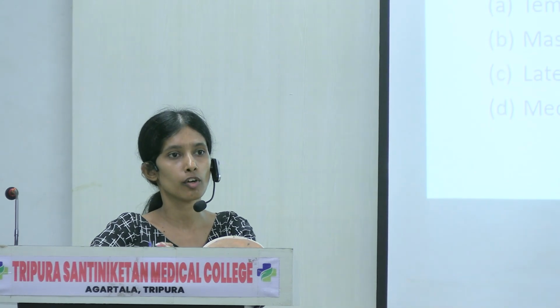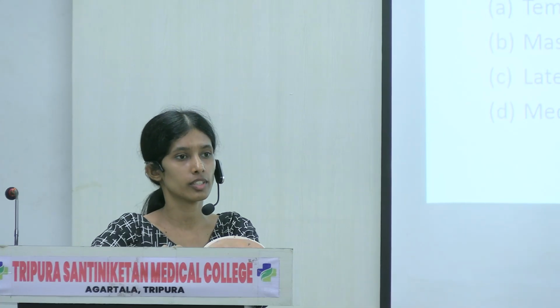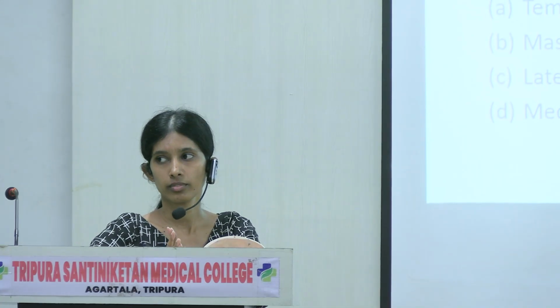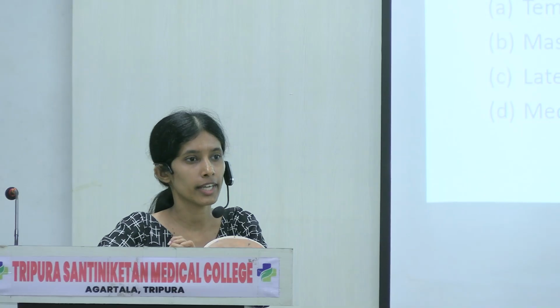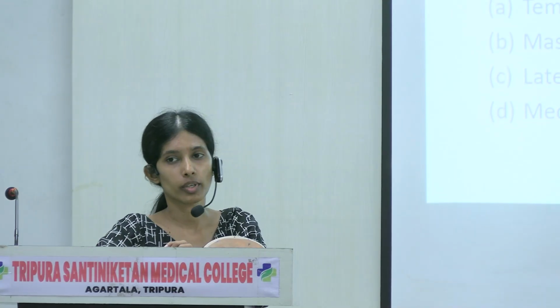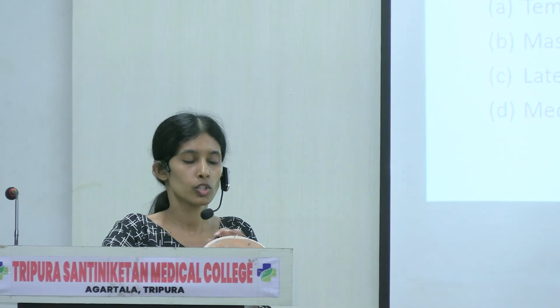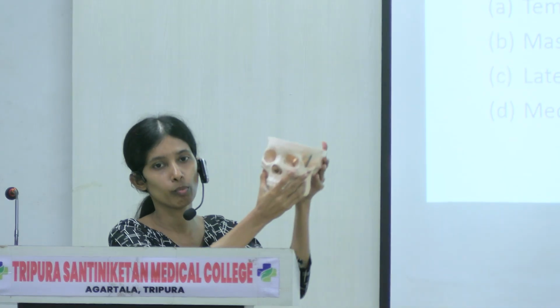What about the action of the temporal muscle? Okay, elevation, and another one, say it louder please. Side to side. Okay, side to side, lateral movement or what? Okay, your temporal muscle is mainly involved in the elevation and retraction of the mandible. So, how do we show the elevation movement?